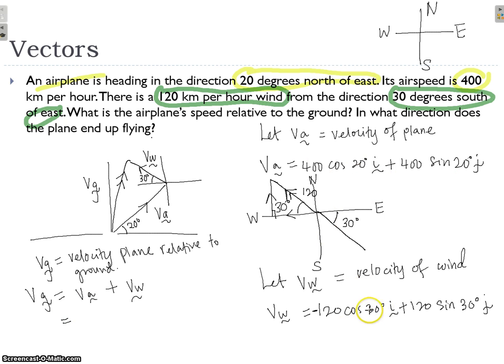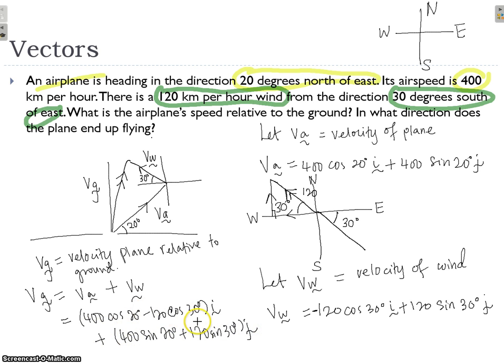If we sum the horizontal component, 400 cos 20 i and negative 120 cos 30 i, and we sum the j component as well, the vertical component, 400 sine 20 j and 120 sine 30 j, we will have the velocity of the plane relative to the ground. We'll just erase the right hand side.